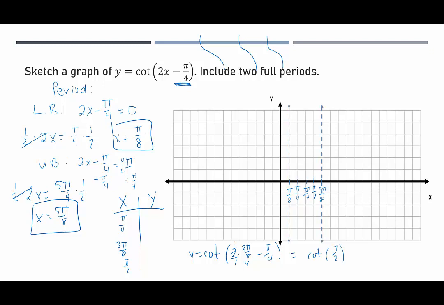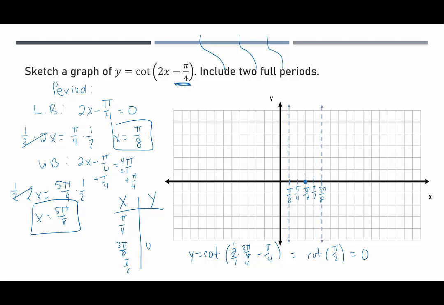What's cotangent of pi over 2? Well, if we think about what that means, so thinking back to the unit circle, a point associated with pi over 2 is the point 0, 1. Cotangent is x over y, so that'd be 0 over 1. So cotangent of pi over 2 is 0, and that's exactly what we were expecting. So I feel pretty good that I've done something right so far.